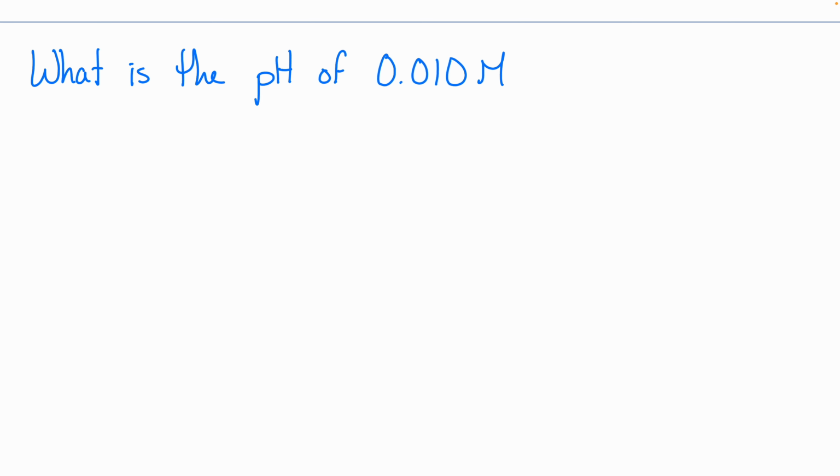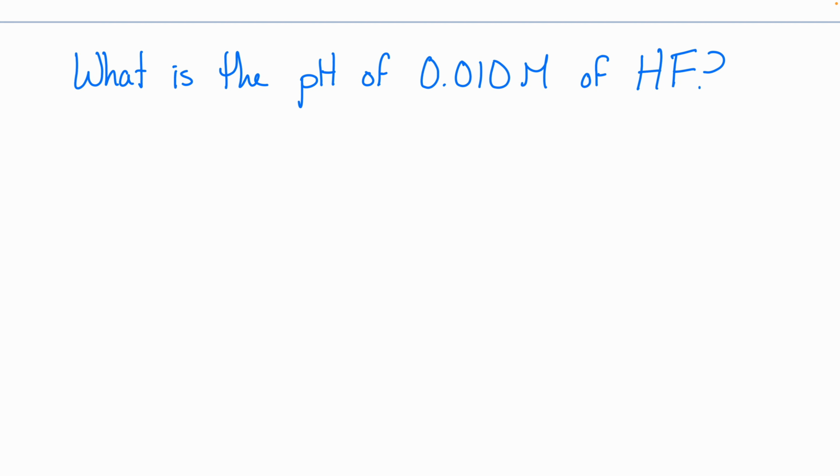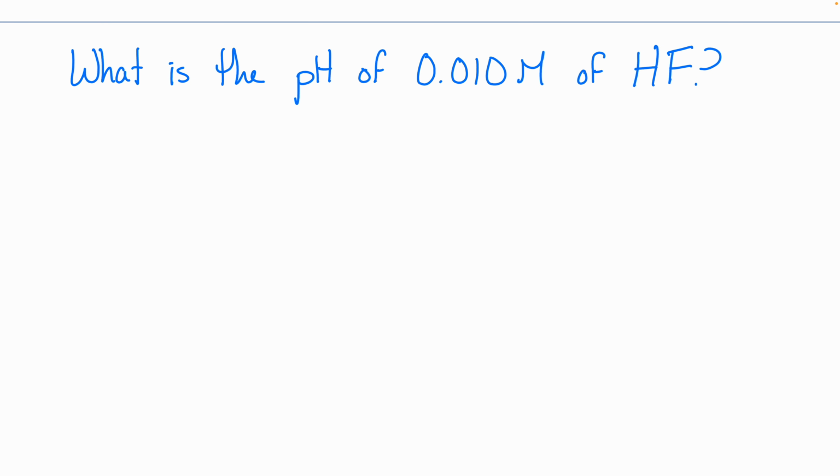All right, let's ask, what is the pH of a 0.010 molar solution of hydrofluoric acid? Hydrofluoric acid is one of our hydrohalogens. It's also the only one that is not considered a strong acid. So this is still considered a weak acid, which means we need to use our weak acid problem-solving strategy.